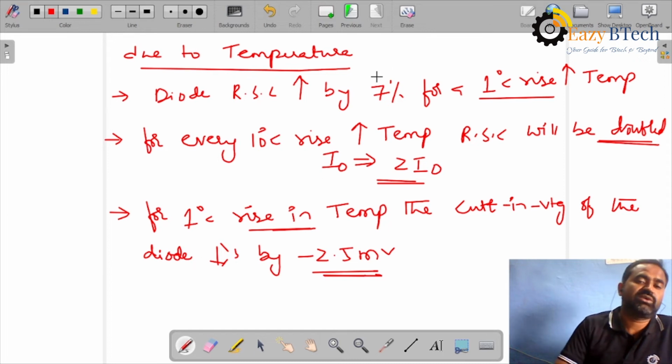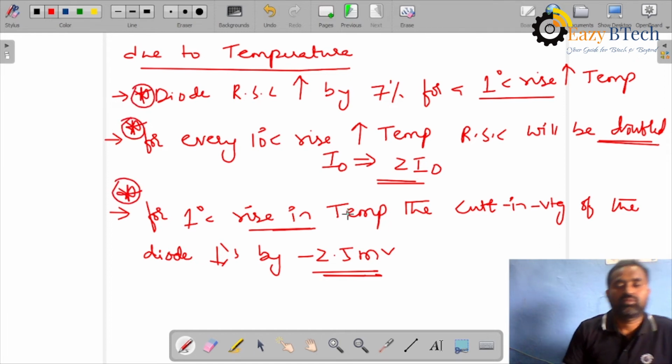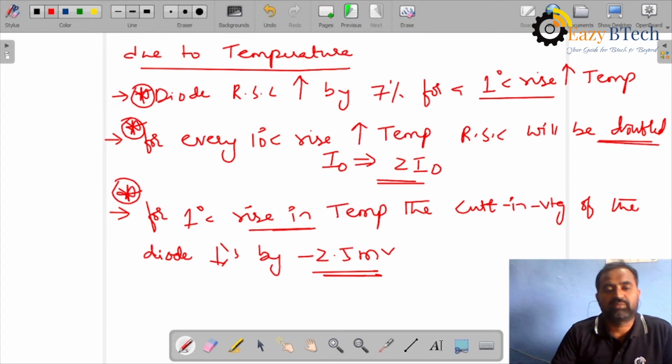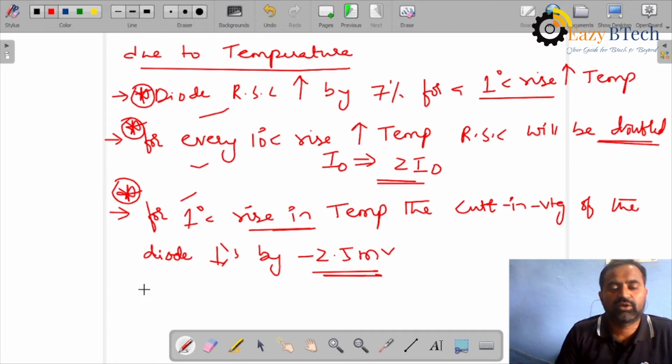It means due to temperature, these three parameters are affected. This is the effect of temperature. Follow these three statements, students, and the formula, don't forget.